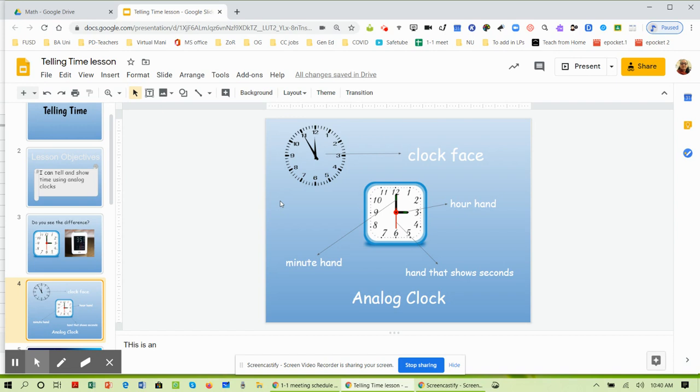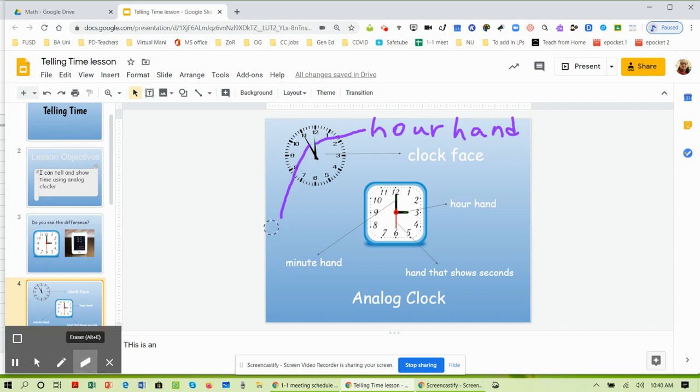For example, here, this is the short hand, right? And this would be the long hand. So this one is the hour hand, and the long hand would be called the, I'm sorry, it's not the seconds hand, it's the minute hand.